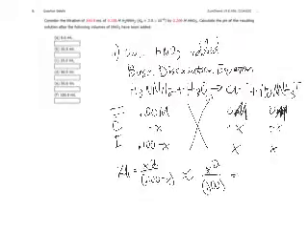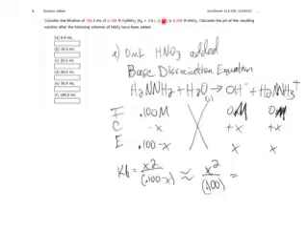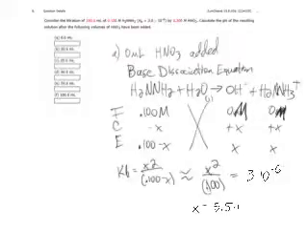And we'll set that equal to the Kb value that they gave us at the beginning of the problem, 3 times 10 to the negative 6. Solving for x, we arrive at 5.5 times 10 to the negative 4th.